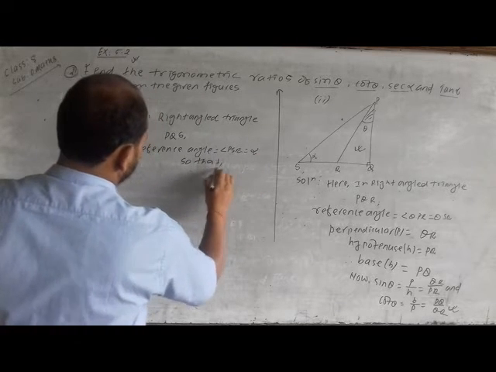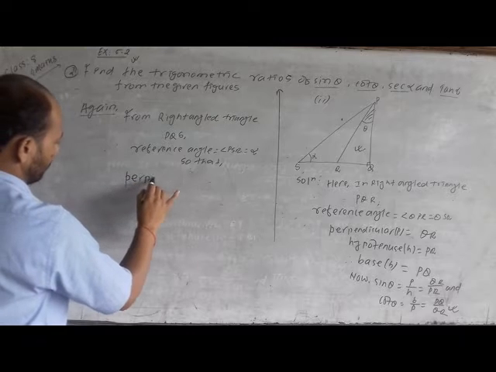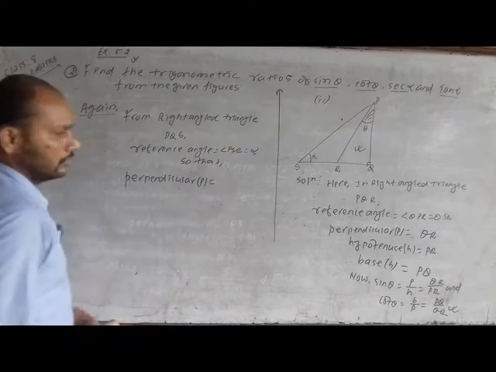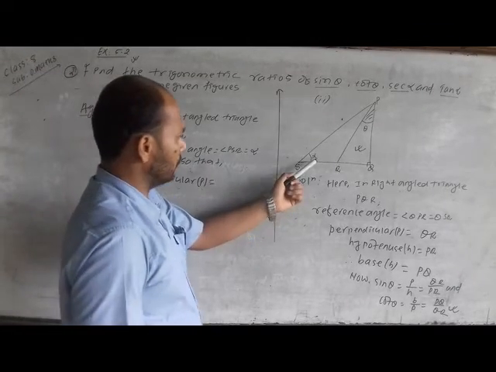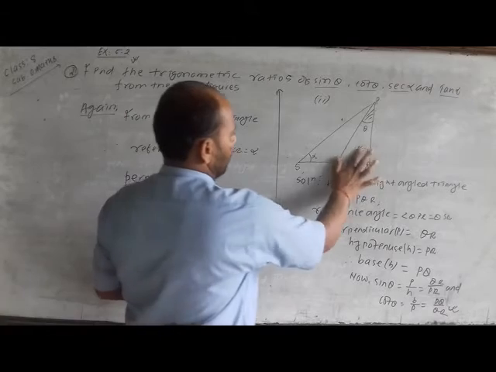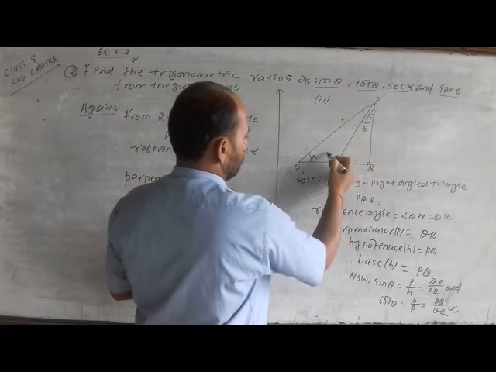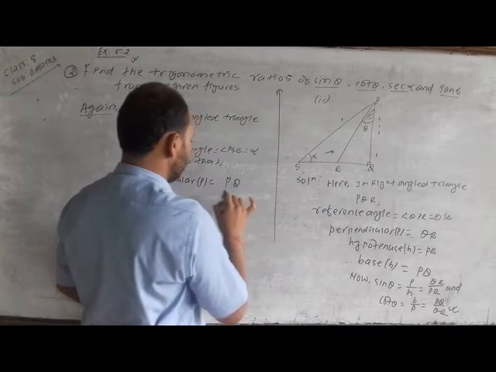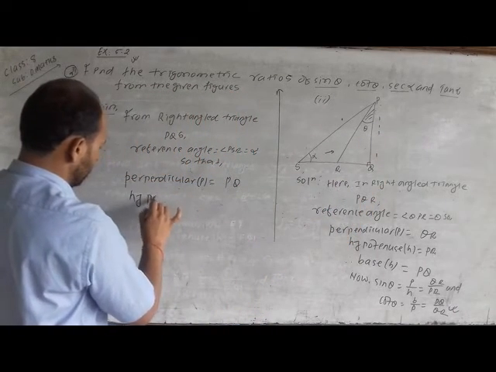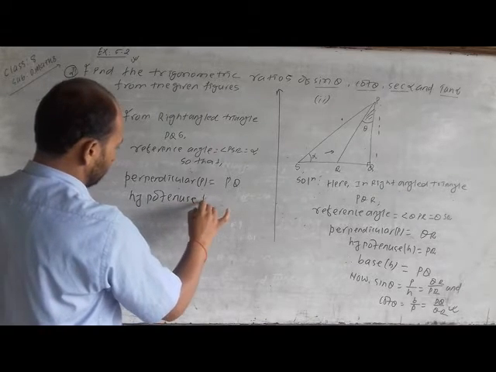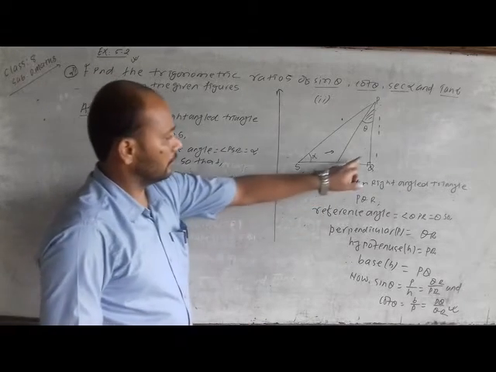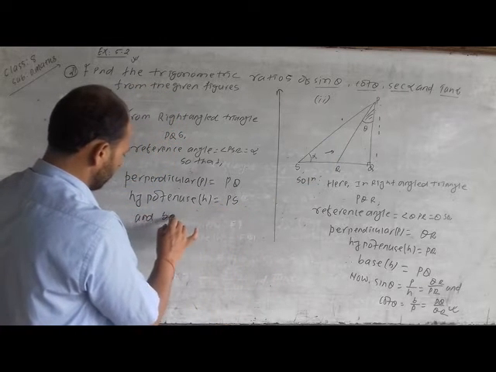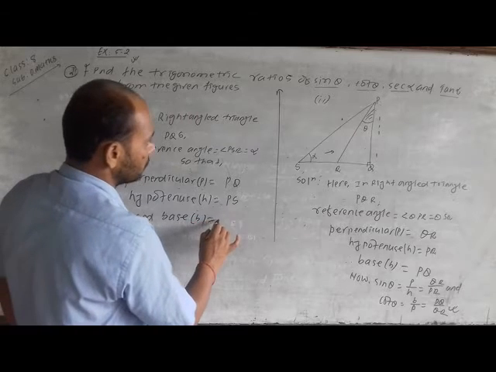So that perpendicular P is equal to, what does here represent perpendicular? In big right angle triangle, the opposite side of alpha is this, what? PQ, and hypotenuse H is equal to opposite side of 90 degree, that is PS, and base B is equal to SQ.